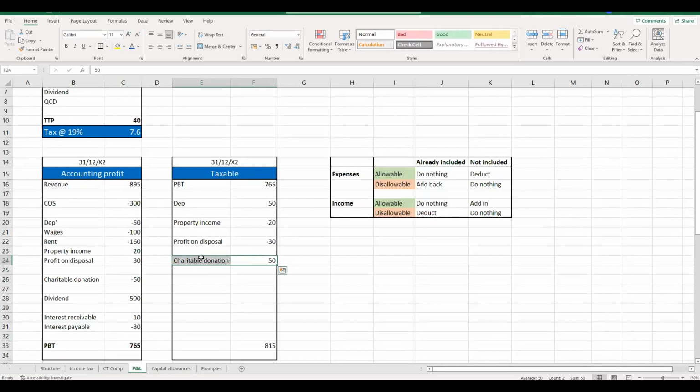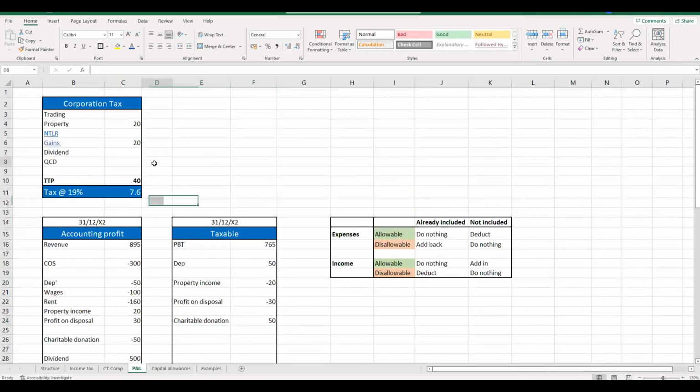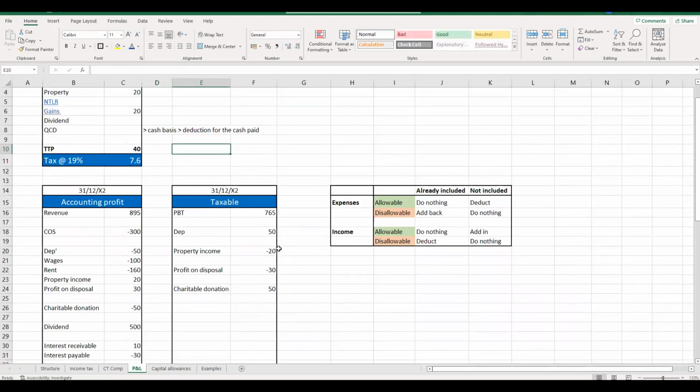Now, really, really importantly, the rule for charitable donations is that it's on a cash basis. What that means is that you only get a deduction for the cash paid. So you couldn't accrue for a massive donation and reduce your profits. You only get the deduction where you have actually paid that cash.